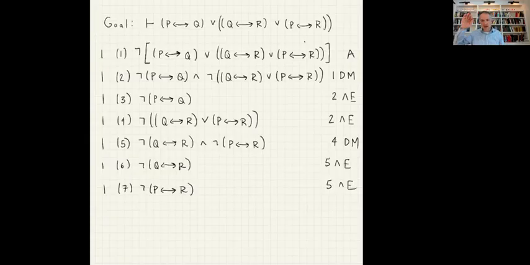And again, if you go and scan through the list of useful validities, what you'll find is one of those useful validities tells you that not a biconditional, so not, say, P if and only if Q, is equivalent to not P if and only if Q. Okay, so not outside the parentheses, not (P if and only if Q) is equivalent to not P by itself is equivalent to just Q by itself.